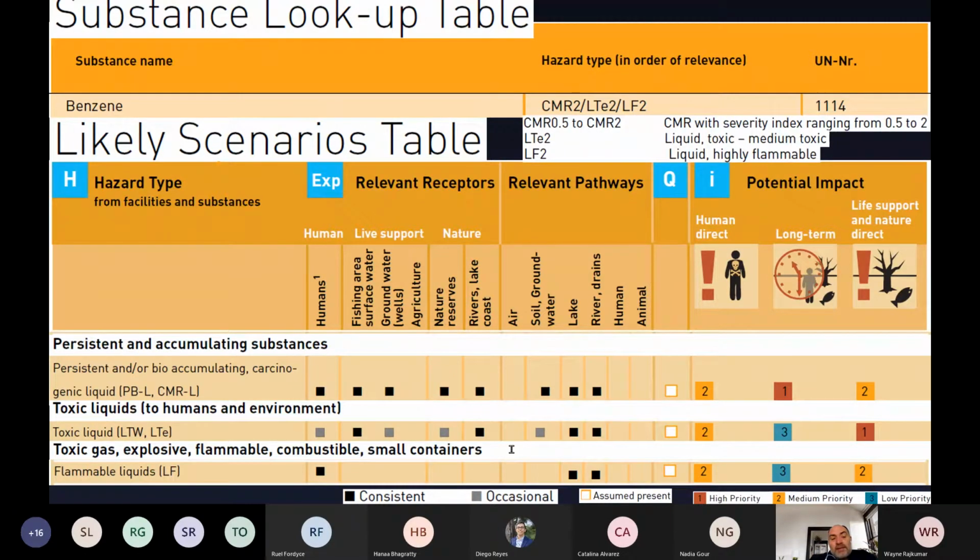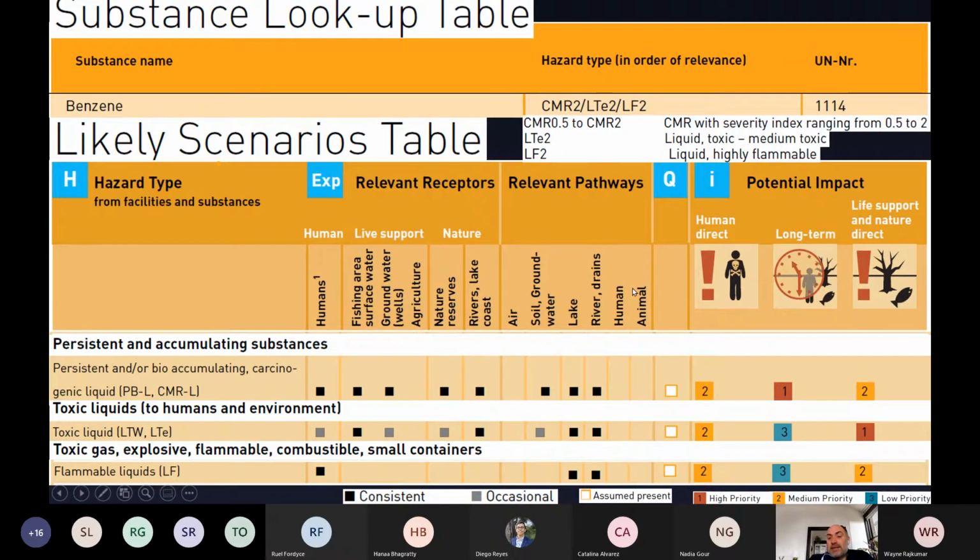First, we said persistent and accumulating substances, which is CMR, carcinogenic, mutagenic, and reproductive toxic. It's the first one that we have here. So that's the global name, persistent and accumulating substances.